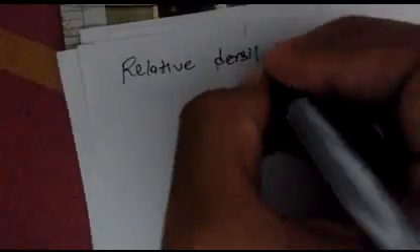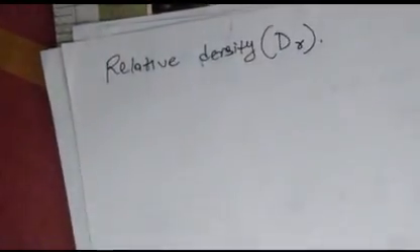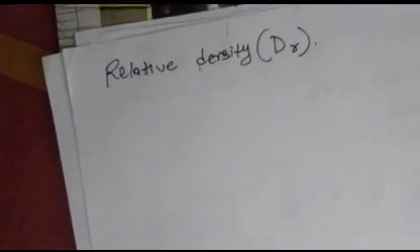We will see how. Before this, I'm just left with the last term, and that is an important term. That is relative density, represented by Dr. Normally this is used in sand and gravel soil.